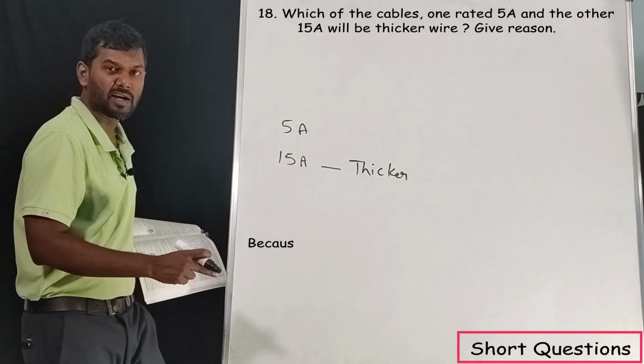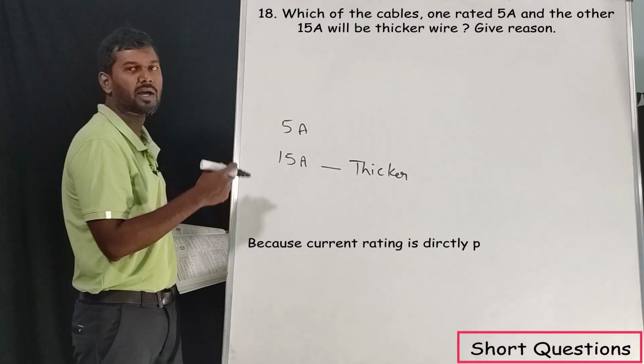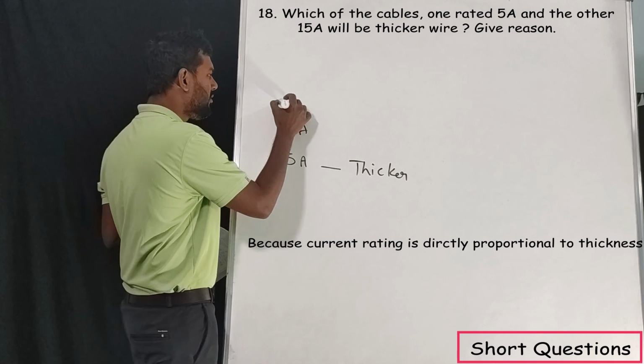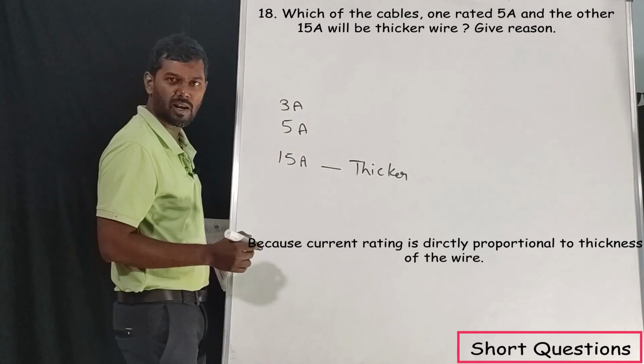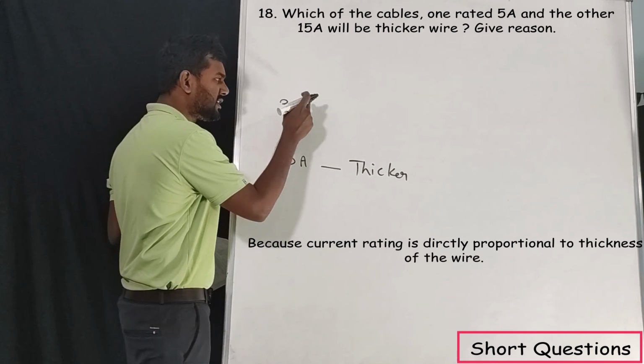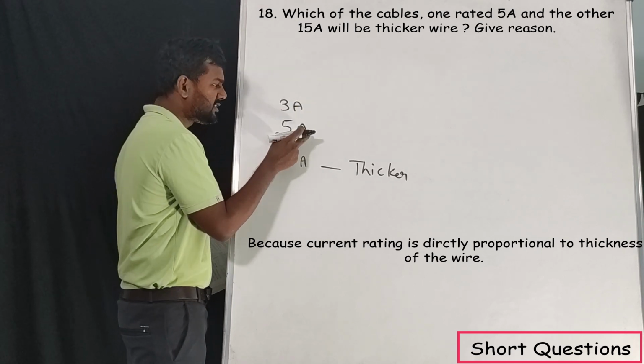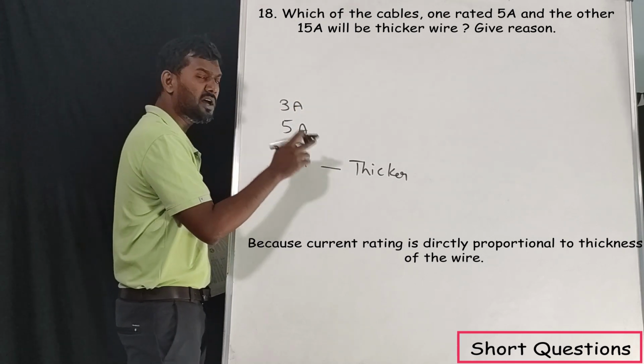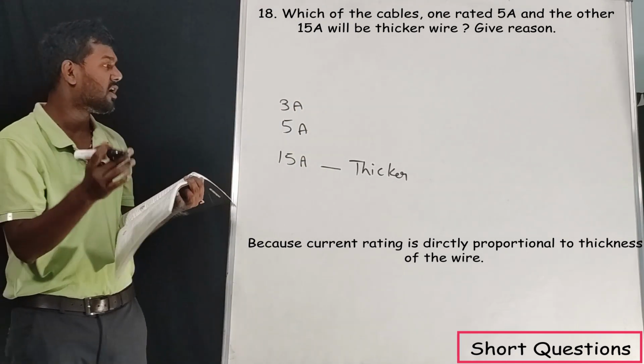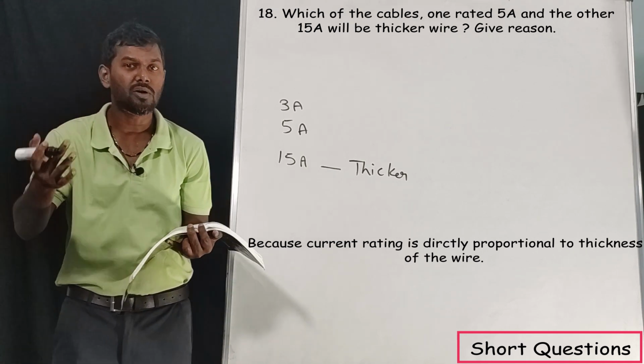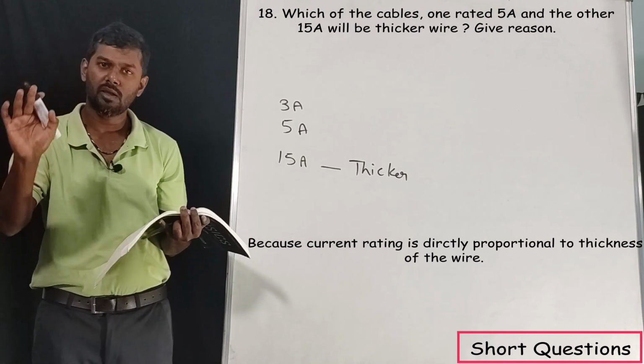Assume we have one more wire of 3 amperes. This is the least thick, this is moderately thick, and this is the thickest wire. So when the current is more, the thickness of the wire will also be more.